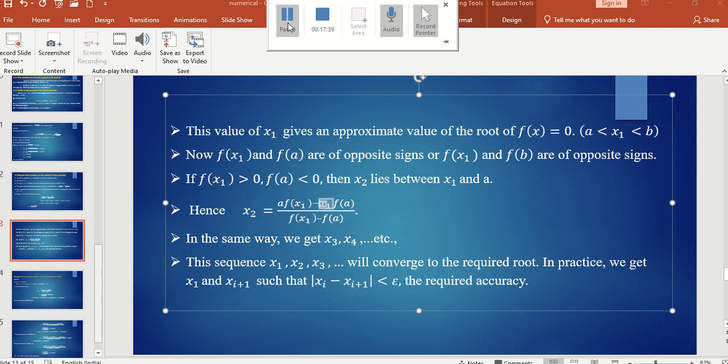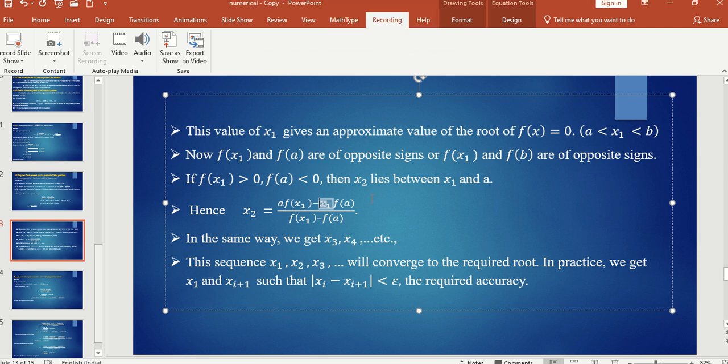So we have x2 equal to a into f of x1 minus x1 into f of a divided by f of x1 minus f of a. In the same way, we get x3, x4 and so on. This sequence x1, x2, x3 will converge to the required root. So we have the exact root.